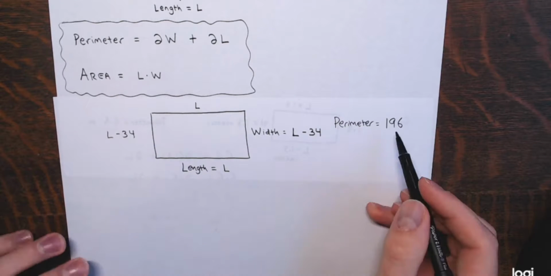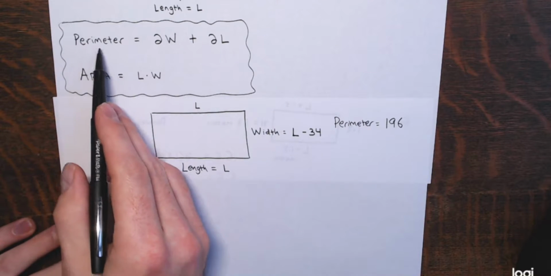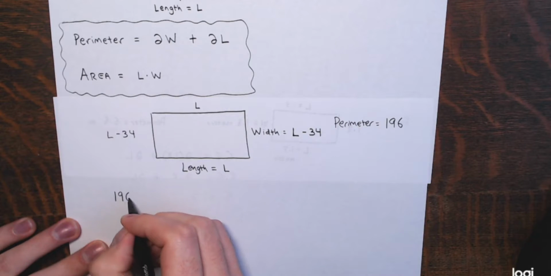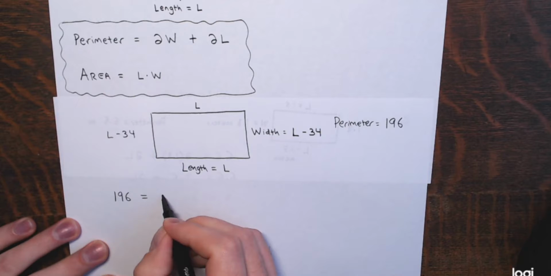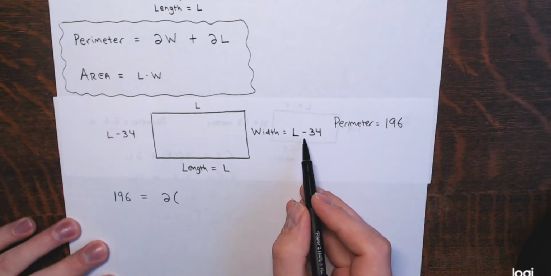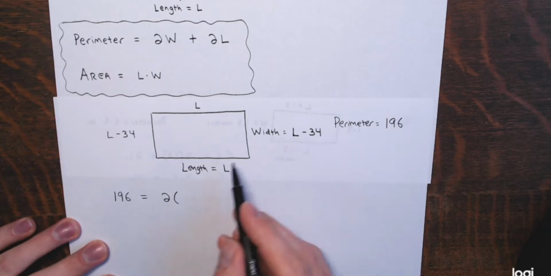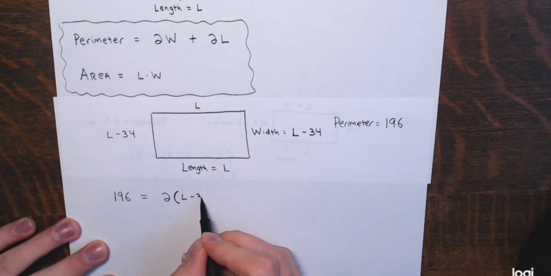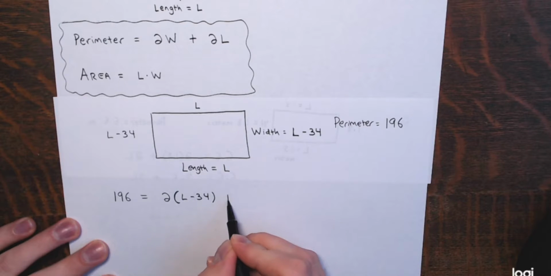And then I just go to my perimeter formula. The left side, the perimeter we know is 196. So I got 196 on the left equals 2 times the width. And the width is this quantity, I'm putting this in parentheses. It's got multiple terms. 2 times the quantity L minus 34, plus 2 times the length.